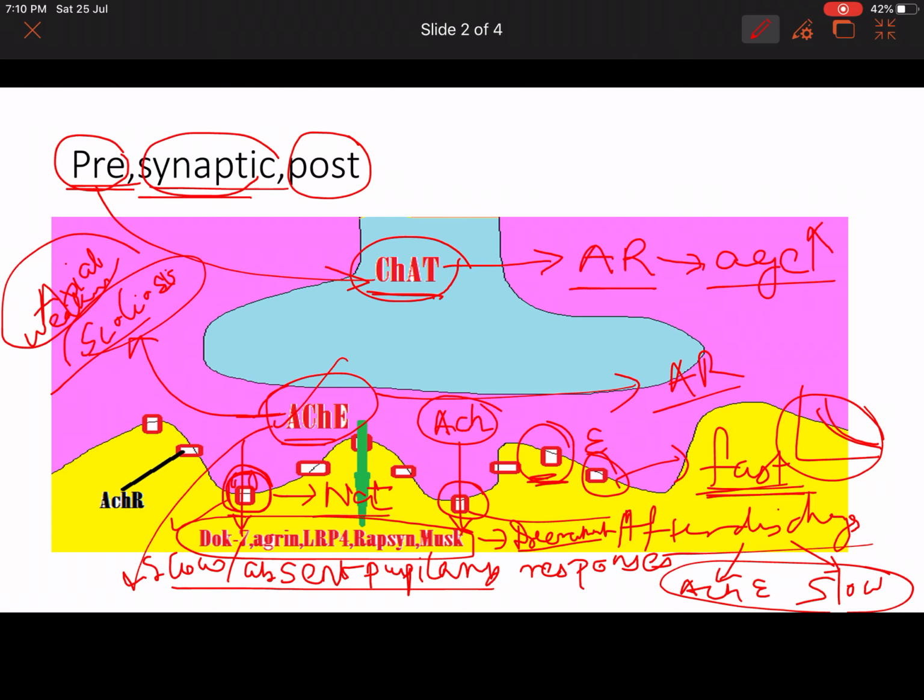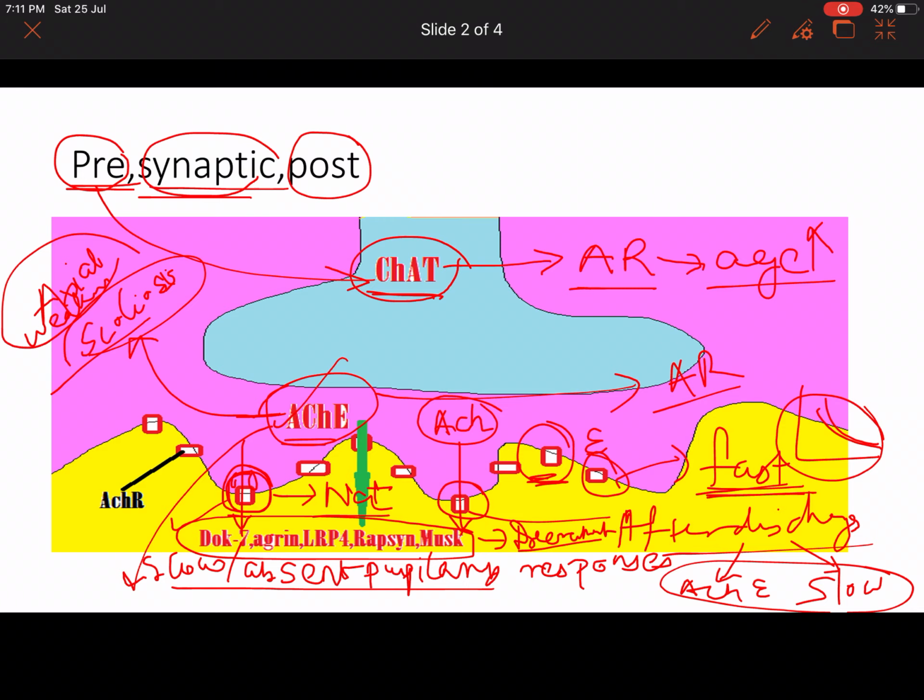Synaptic is due to acetylcholinesterase deficiency, which is causing more acetylcholine to stay in the synaptic cleft, and the postsynaptic can be due to the receptor defect, or to a defect in aggregation of the receptor. Receptor defects are either fast channel, slow channel, or primary acetylcholine receptor deficiency, or the aggregation defect, that is DOK7, agrin, LRP4, rapsyn and MuSK.